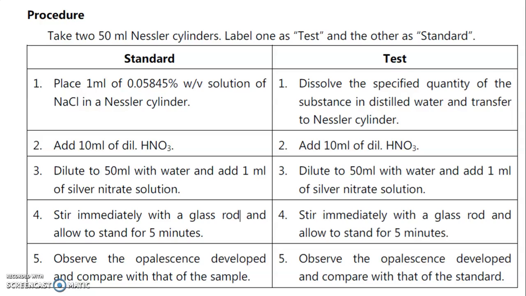So this is how we can perform the chloride limit test, which depends on the production of opalescence. We can conclude that the given unknown sample passes the chloride limit test if the opalescence produced by the test sample is less as compared to the standard. That means it has less impurity.